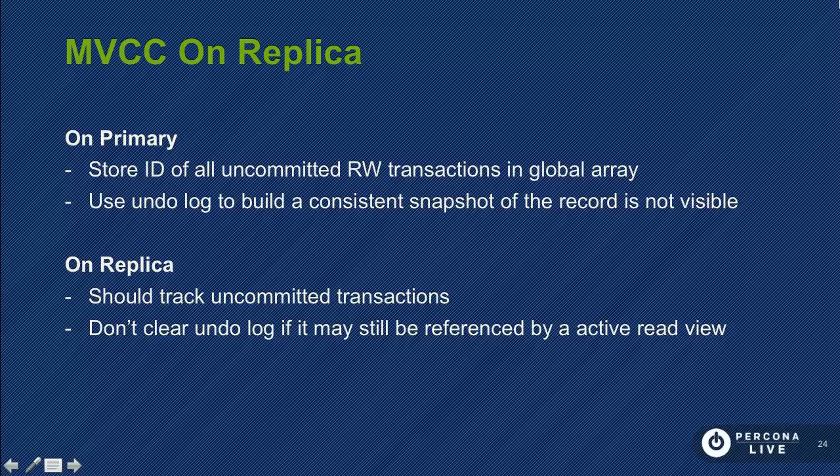But on the replica, we need to provide some way to track which transactions are committed and which are not. It shouldn't see data which is not committed on the primary, and we need to control the purge operation on the primary.